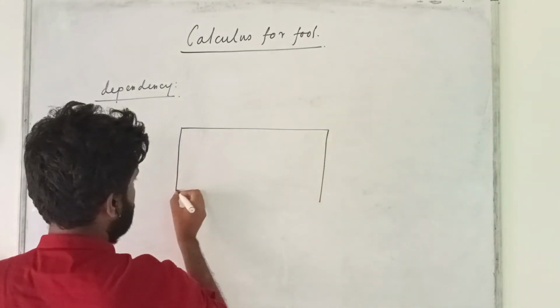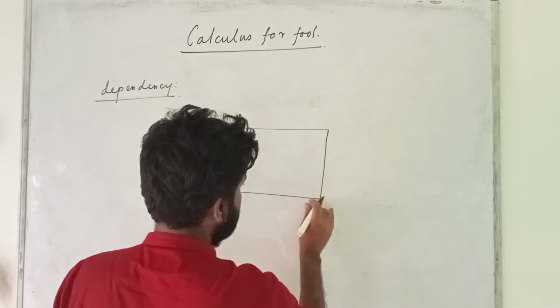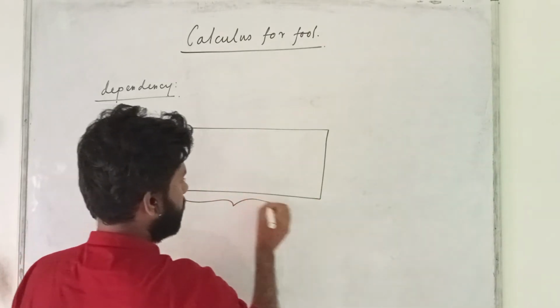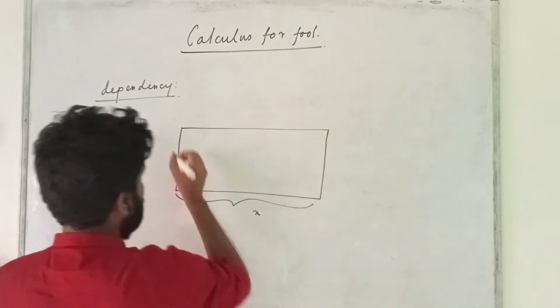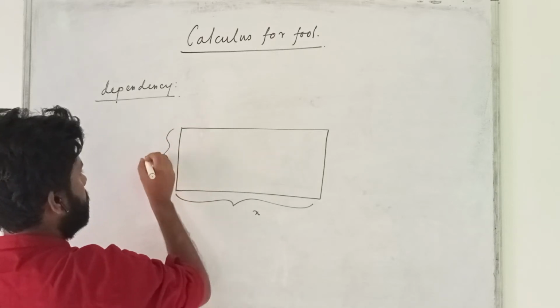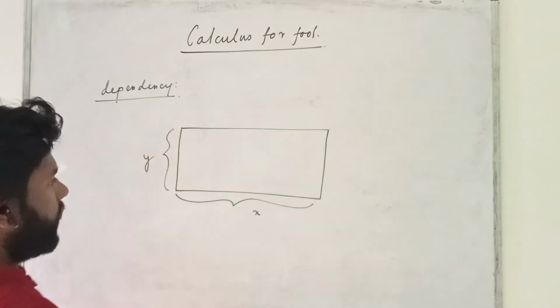So if there is a rectangle, the length of this rectangle is x, and the breadth of this rectangle is y.